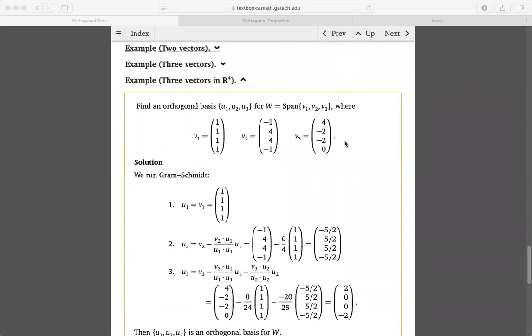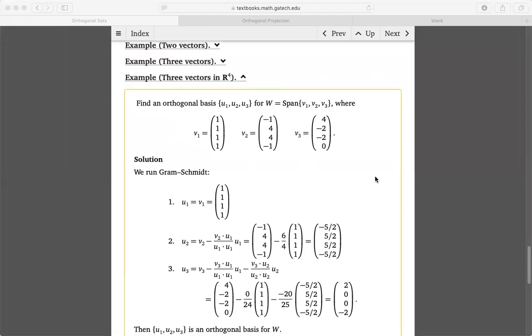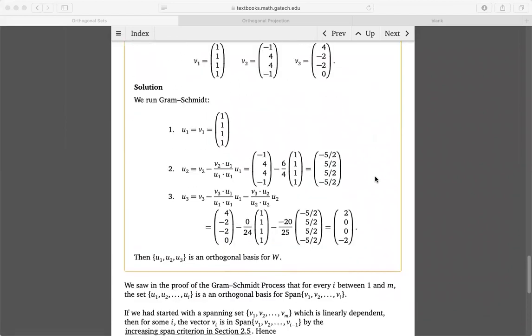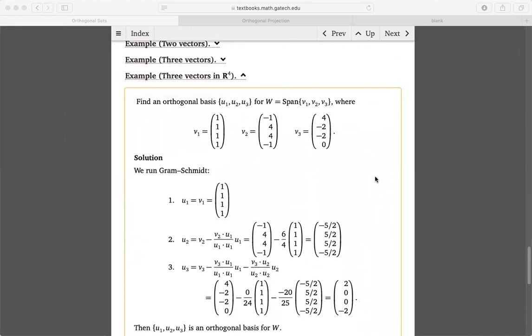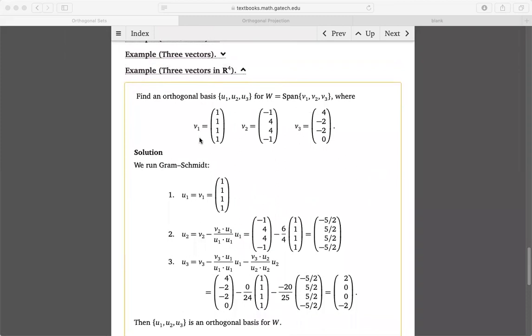This is because when we're in dimension 4, in R4, there's no visual interpretation for it. We can't visualize vectors in dimension 4. On this page, they don't have a visual interpretation for it.